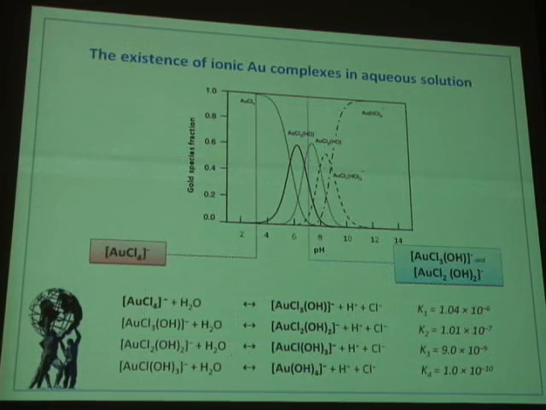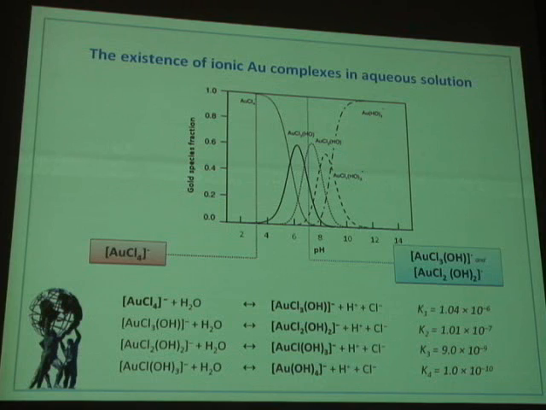Let's see about the existence of ionic gold complexes in aqueous solution. In aqueous solution, when we add sodium hydroxide to increase the pH, hydrolysis takes place to make another kind of gold chloro acid.